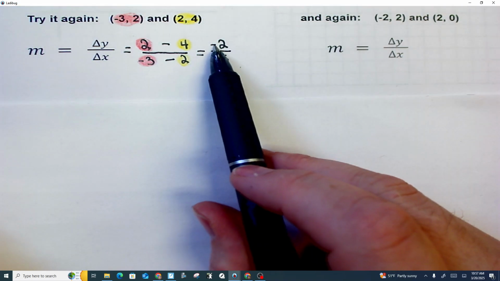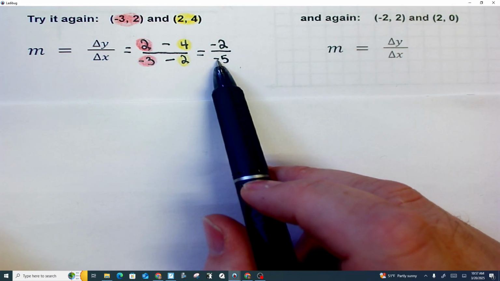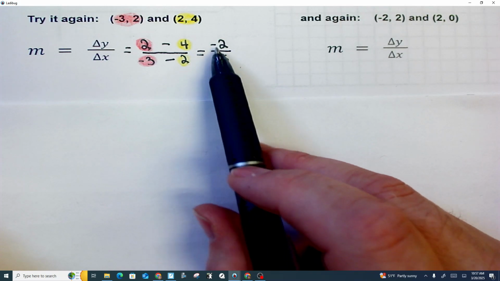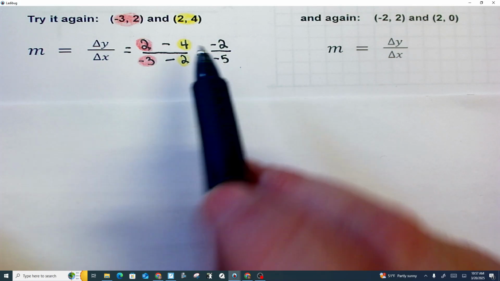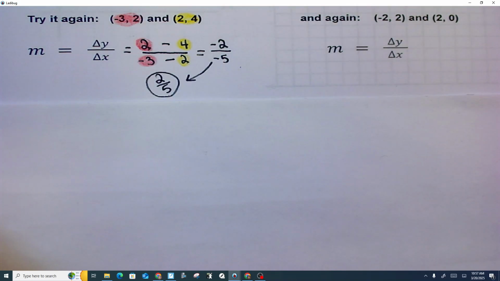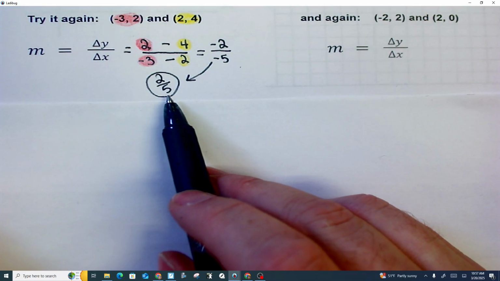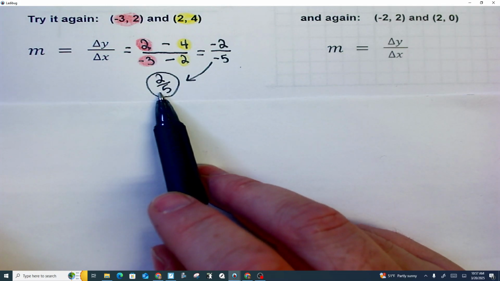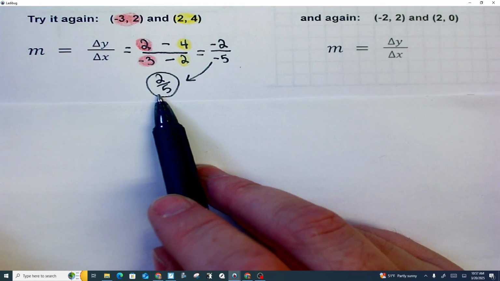And do you see how we've got two different negative signs? That's okay, but what's negative divided by negative? It makes it positive. So when you run into this situation, take those two signs off, and our slope is 2/5. Or, hey, we could call it rate of change, or we can call it m. We can also call it step, but nobody would know what we're talking about, right?